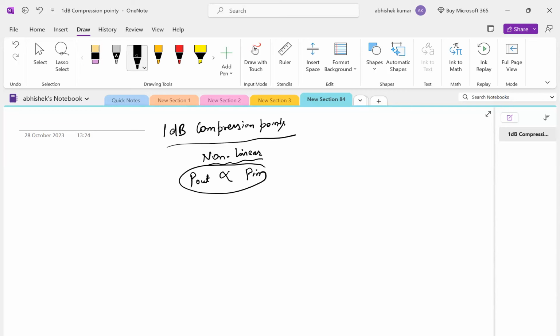So due to the non-linearity, we have different other components apart from the input power, and that makes the power drop when we increase the power. Suppose this is your power output and this is your power input.